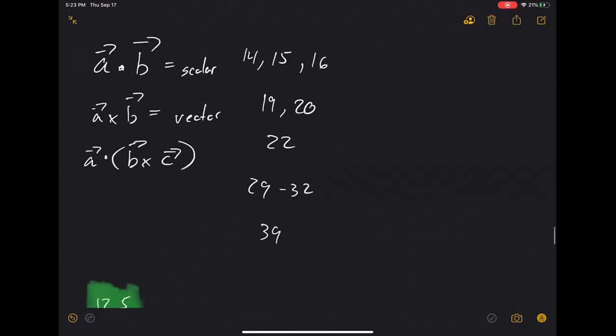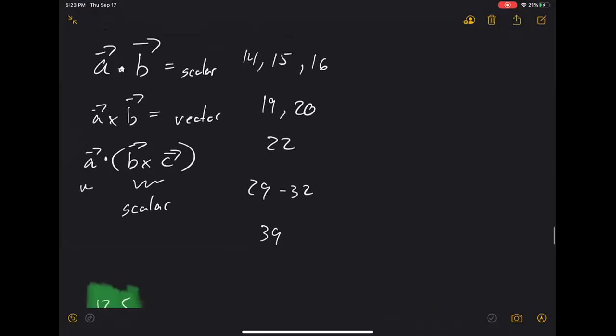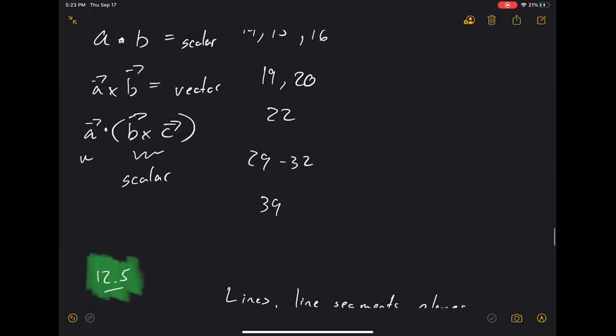Well, B cross C is going to give me a vector, and then I have a vector dot a vector. That gives me a scalar. So the output of this whole thing is going to be a scalar. You should be able to look at a problem and kind of know what output to expect and whether that makes sense or not. So 13 is good, 14, 15, 16 is right hand rule.